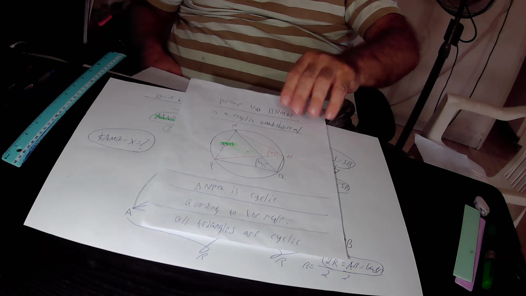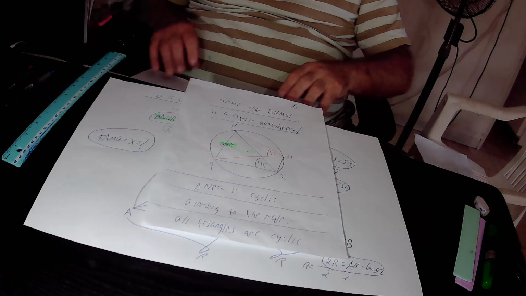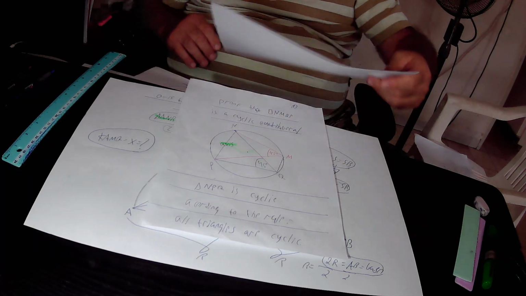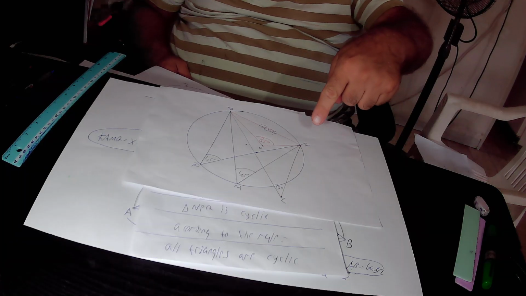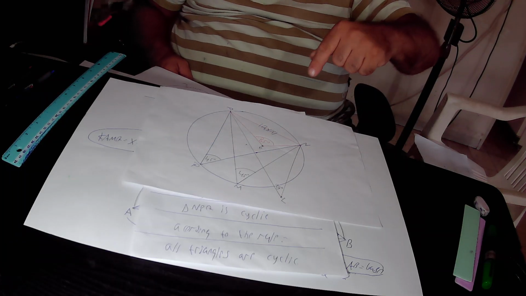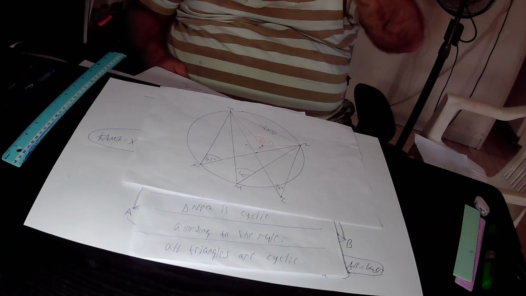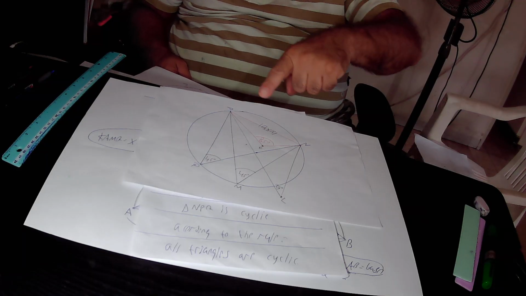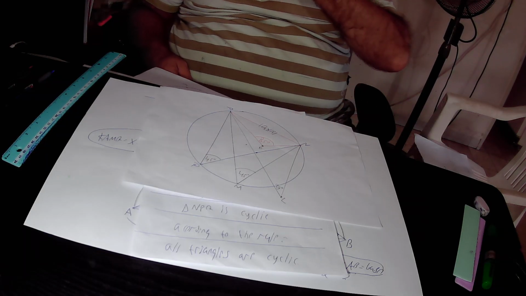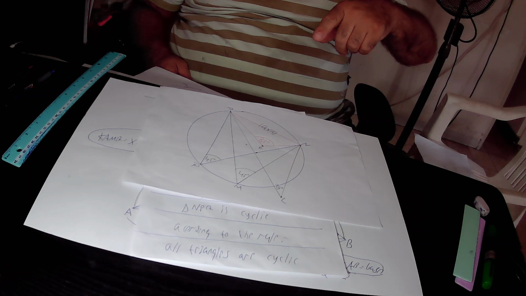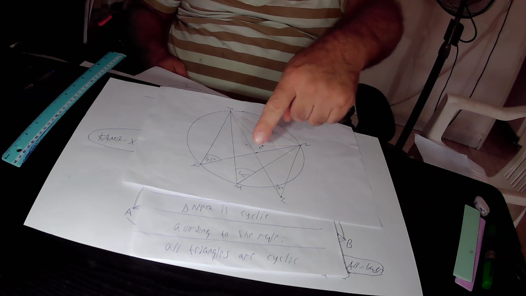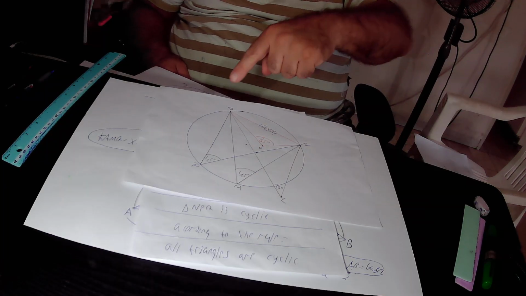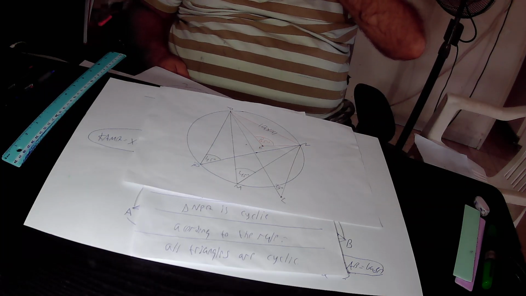In the next step, we have here angle NQP. This is equal to 45 degrees inside, and it subtends on chord NP. We have also angle PMN. That is also equal to 45 degrees inside, and it subtends on the same chord PN.